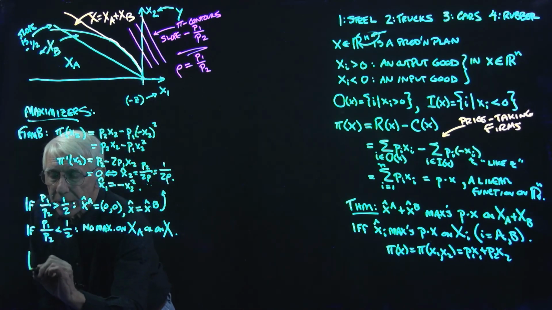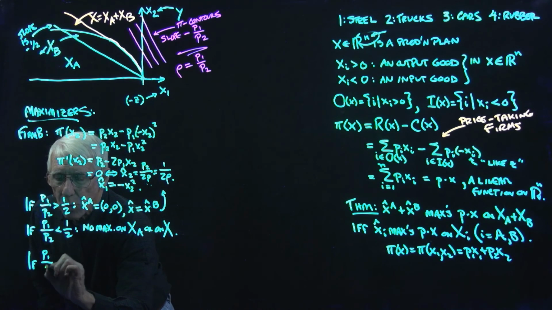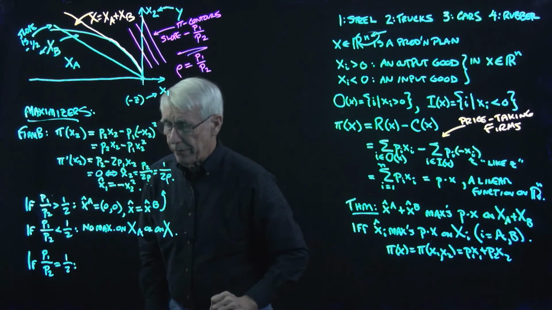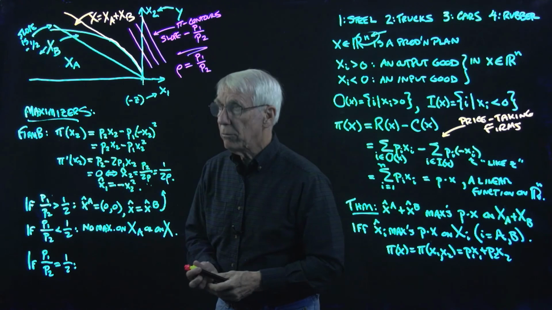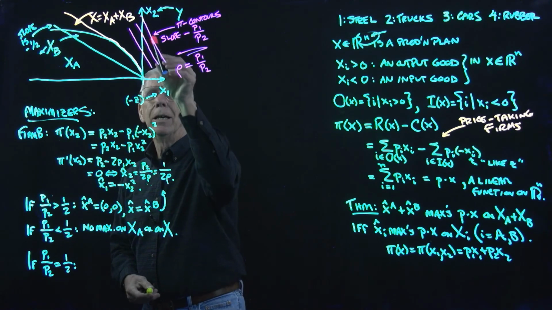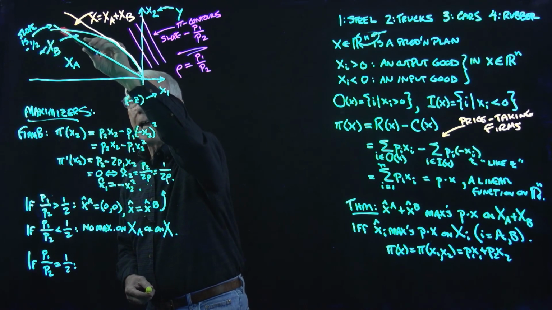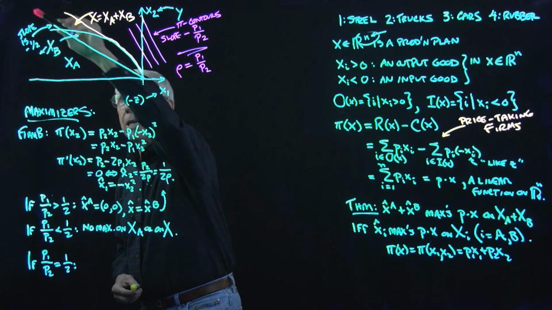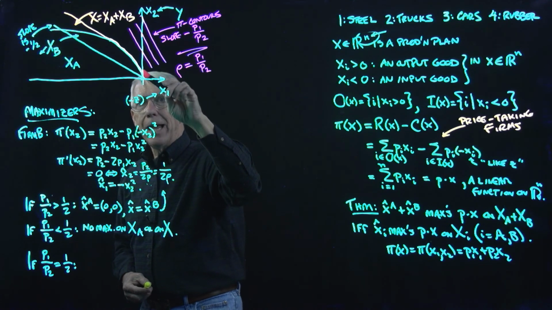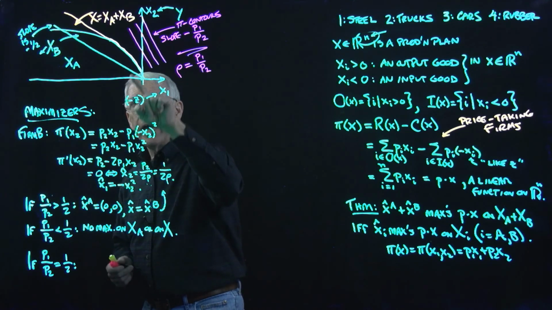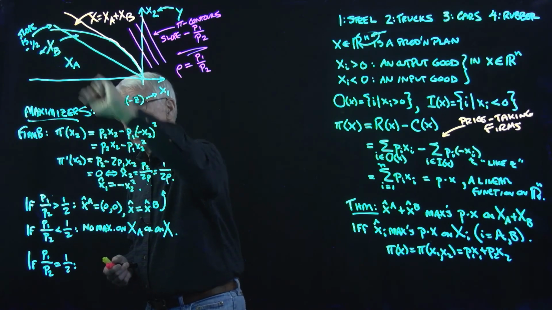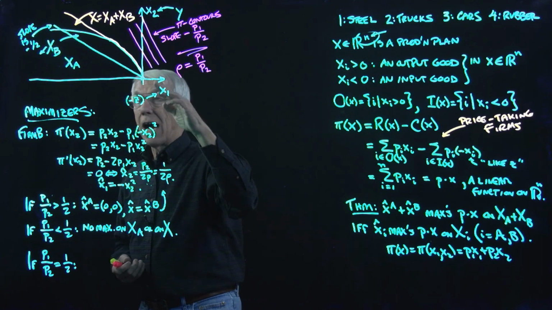And last, let's look at what happens if P1 over P2 equals 1/2. Then our profit contours, let's use pink, have exactly the same slope as firm A's production function, and that means that every single point on this straight line boundary of XA is going to yield profit equal to 0.